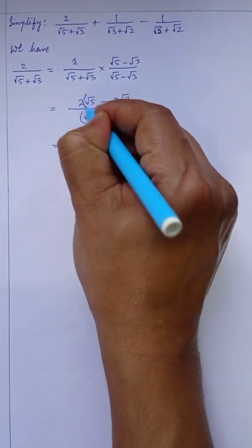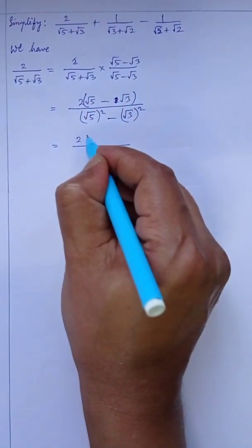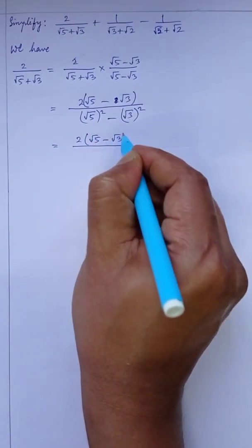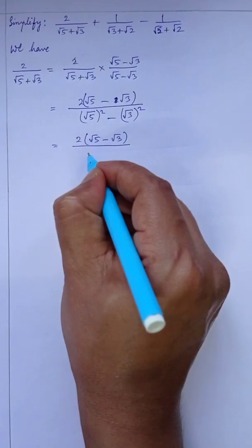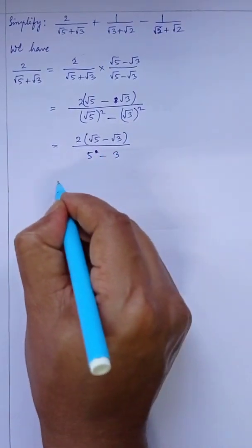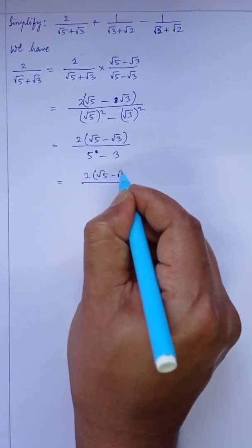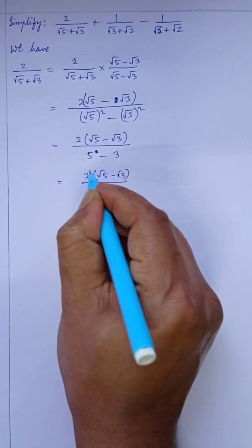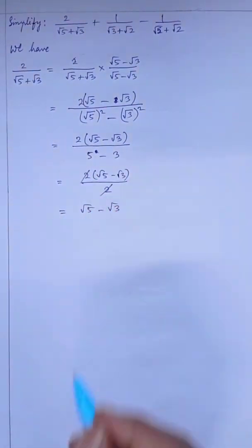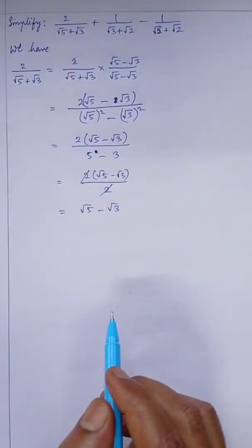Let us not multiply this because the answer will be a bit easier if we don't multiply. Here we have 5 square minus, 5 minus 3. 5 minus 3 is 2. So by 2 it cancels this, root 5 minus root 3. So if I had multiplied this, these two would not cancel.